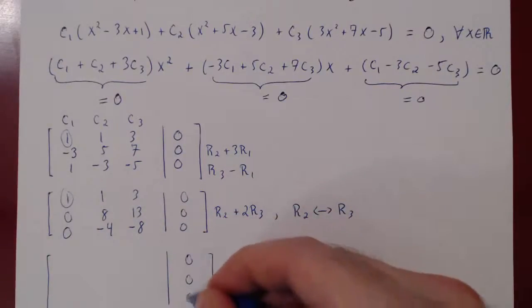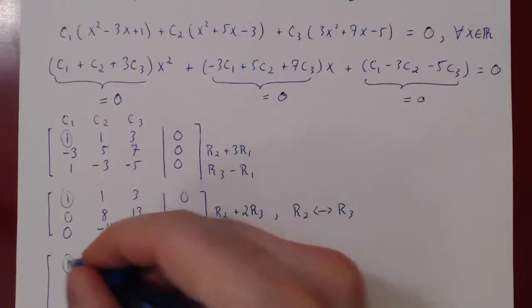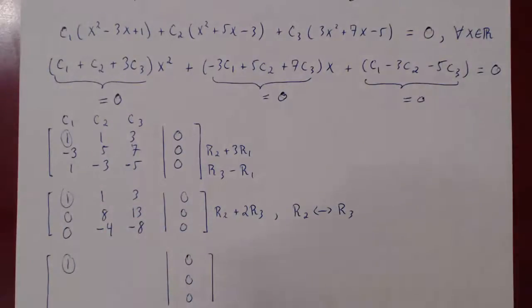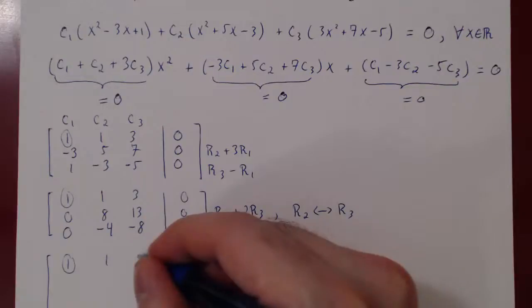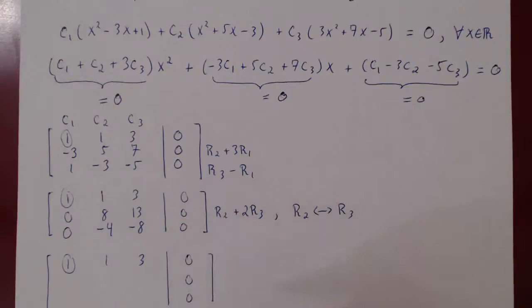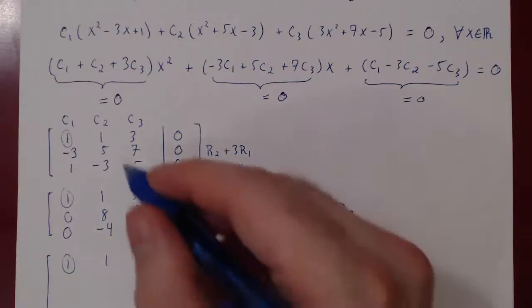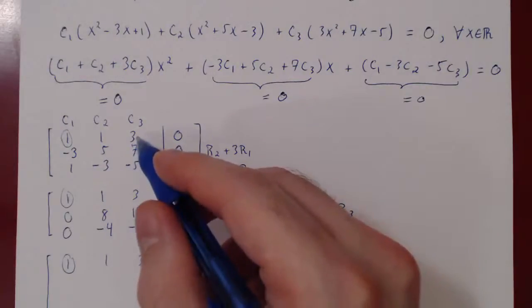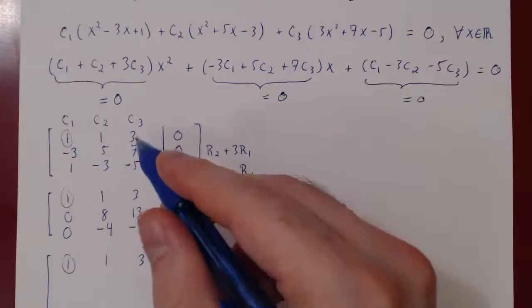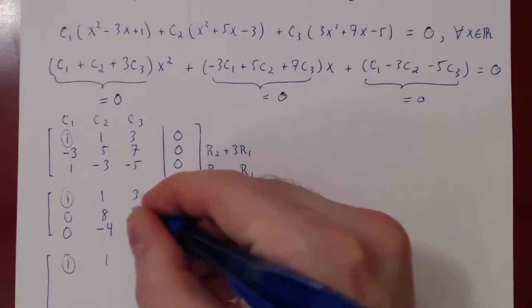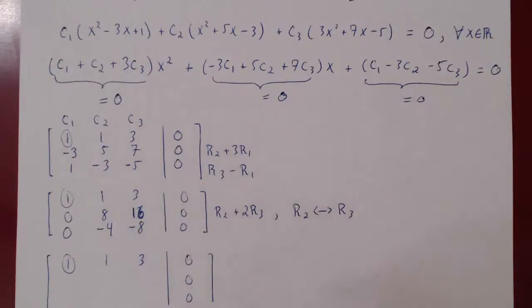The zeros remain zeros. My bad. 7 plus 3 times 3 is 9. 7 plus 9 is 16. Right, now we're talking.